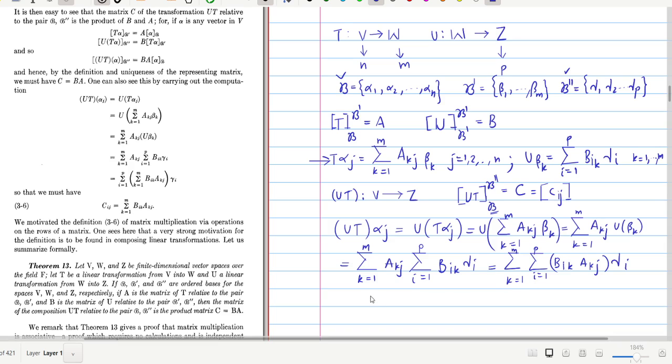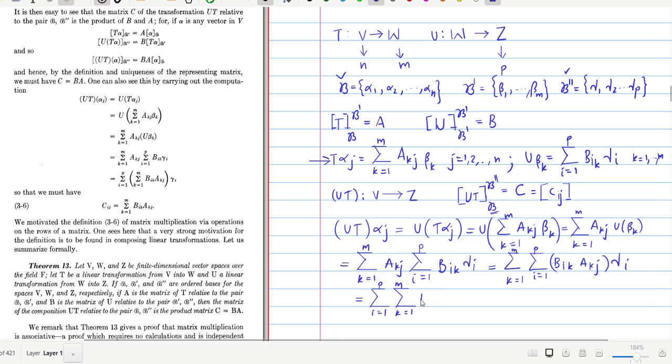So we write the summation over i from 1 to p first, then the summation over k from 1 to m of b i k and a k j, times gamma i.